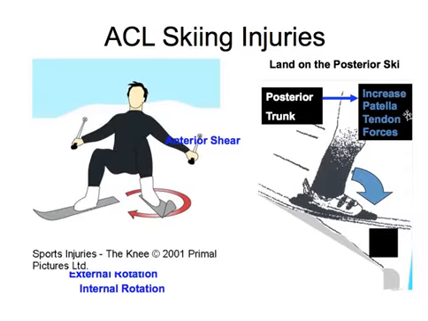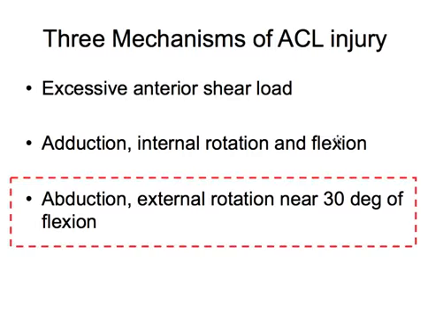On the contrary, you can have a purely sagittal plane load where the person is also leaning back too far and the skis land too vertical, and then the tibia is cammed forward with a large quadriceps contraction that causes anterior translation and ruptures the ACL.